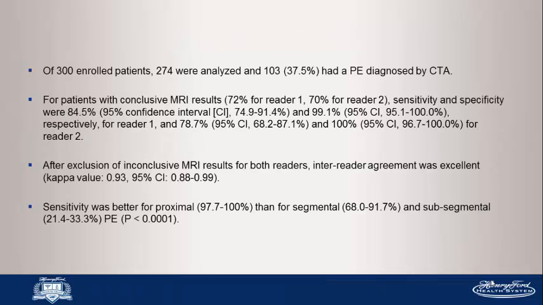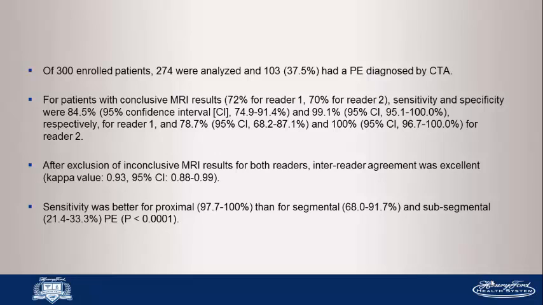Among the 300 enrolled patients, only 274 were analyzed, and of these, 103, about 37%, did have PE that was confirmed by CTPE. Looking at reader 1, only 72% of the MRI images were conclusive to him, about 30% were not, and this is about the same for reader number 2, only 70% were conclusive.